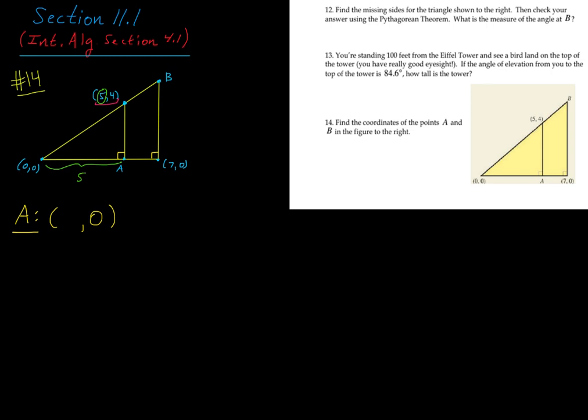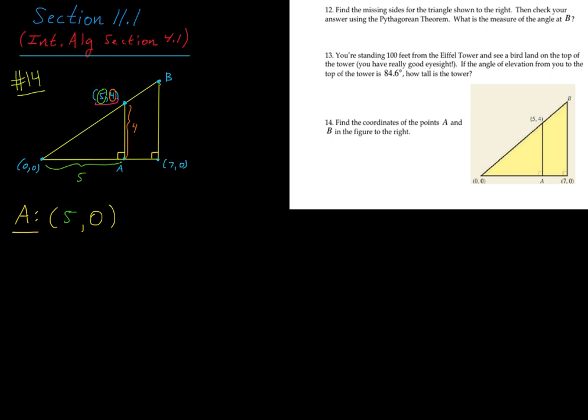And then I'm seeing a 4 for the y-coordinate, and that's telling us this distance. So in particular for A, we're looking at a horizontal x-coordinate of 5. So the coordinates of A are simply 5, 0.